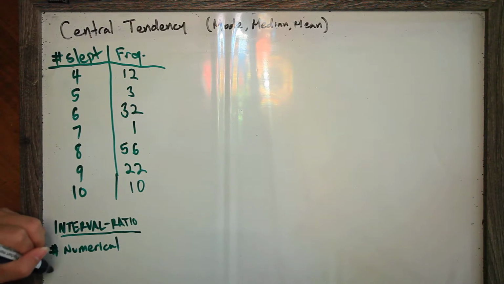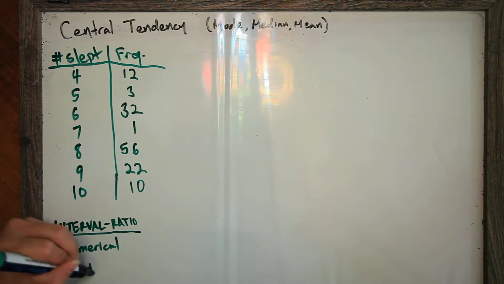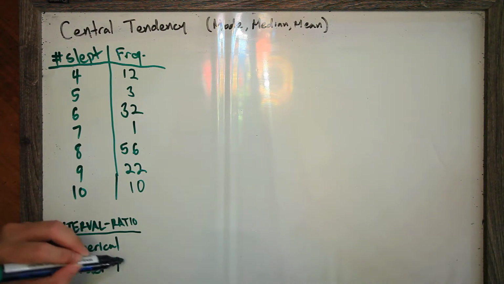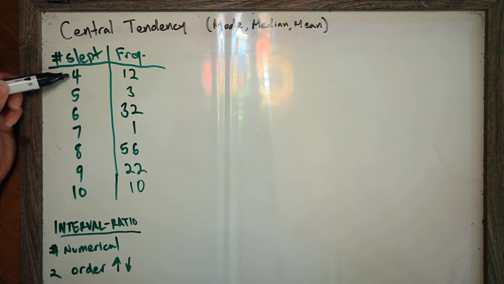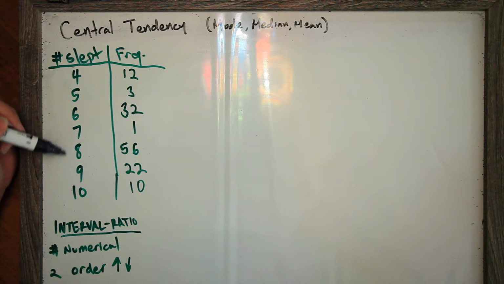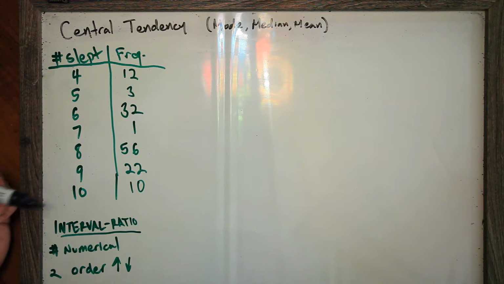Number 2, we can put them in order, ascending or descending, right? So in this case, we're in ascending order. 4 hours of sleep is less than 5, which is less than 6, 7, 8, 9, 10, etc. Right? We know that these always go in this order. So number 2, we can put them in order.